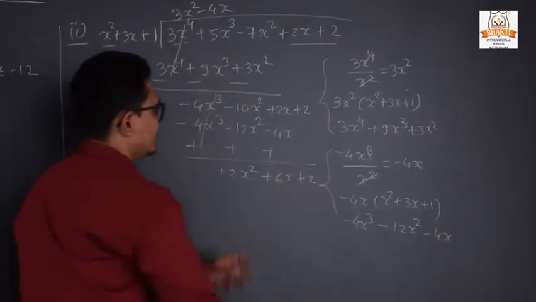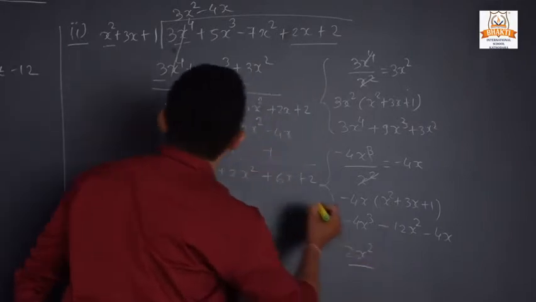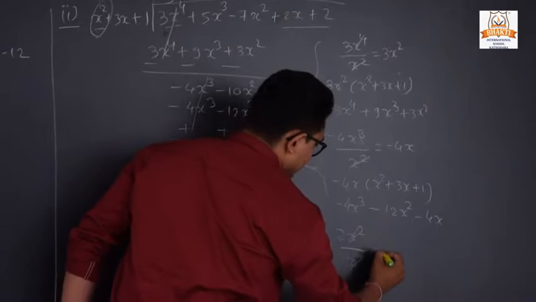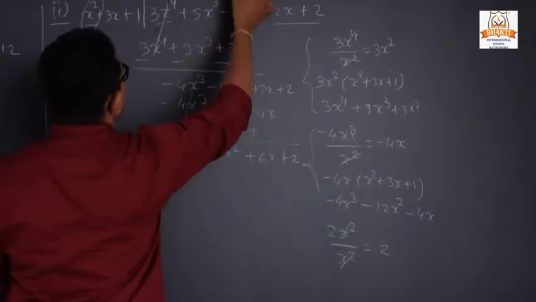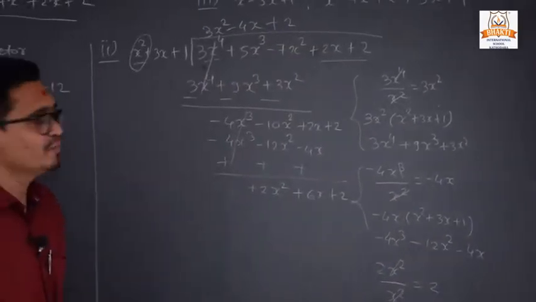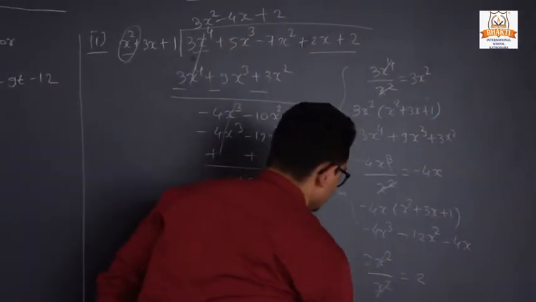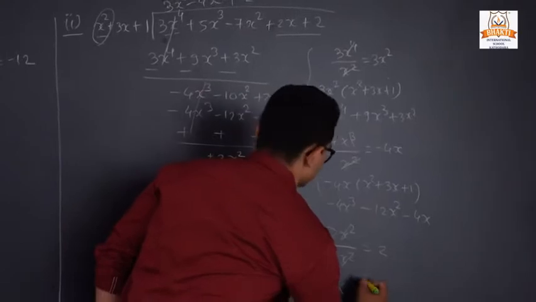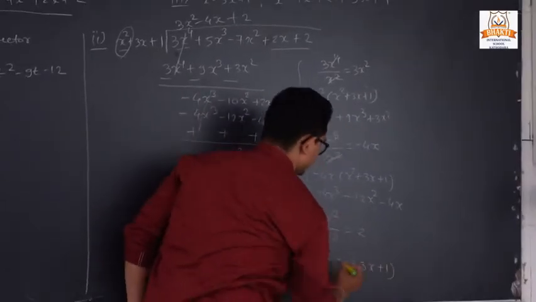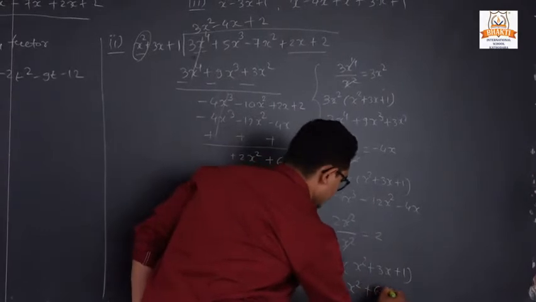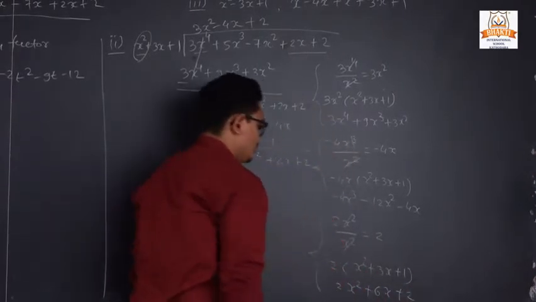Now once again 2x square is divided by x square, so x square cut, so we have 2, so here we write plus 2. Now 2 is multiplied with all these 3 terms, so 2 in bracket x square plus 3x plus 1, so 2 into x square, 3 2s are 6x, and 2 1s are 2.